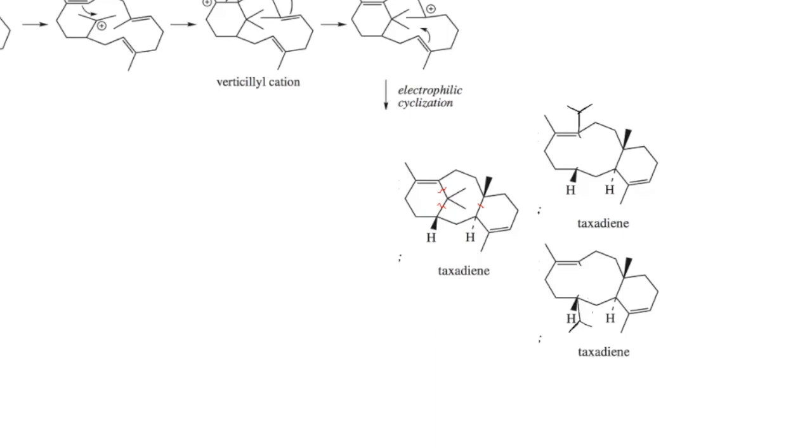And if you wanted to figure out how to outline the backbone of taxodiene, you would need to start with the tail. And there's two ways to think about that. You can cut from the top or the bottom. So if you cut from the top, you actually get to the right answer pretty quickly. So you will have your tail, and then you'll come around. So this is going to be 4, 3, 2, 1.